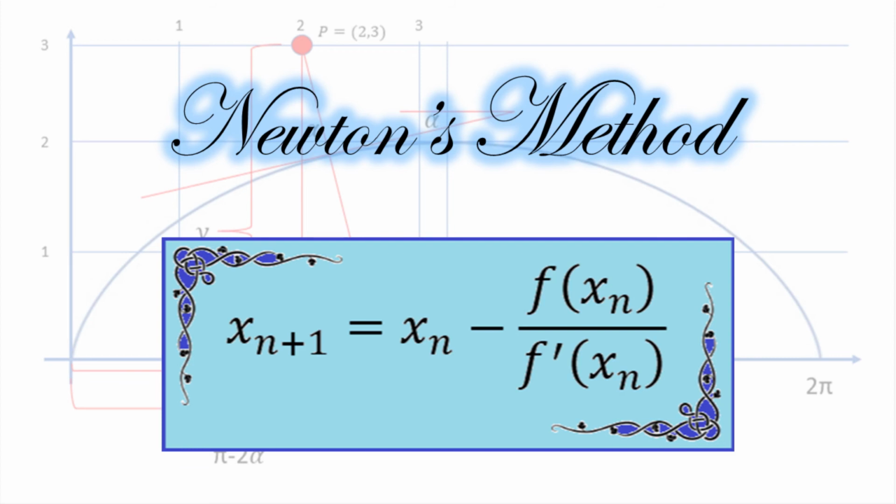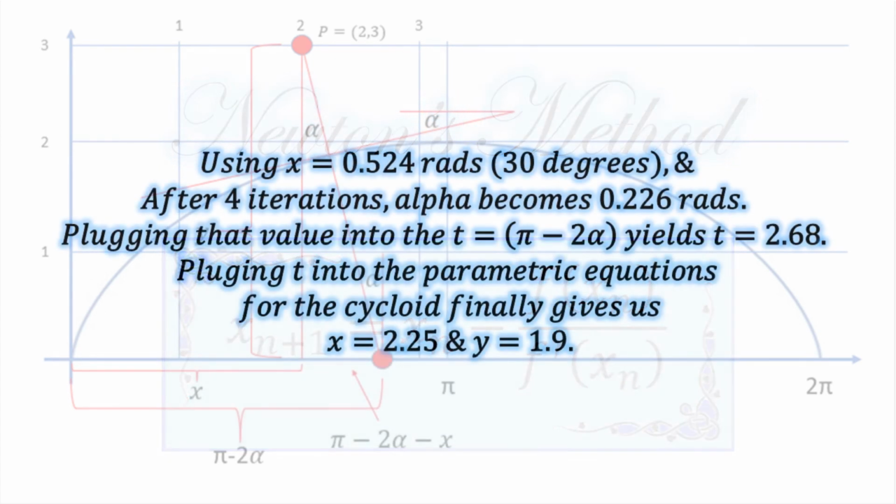And here are the numbers that I came up with. Using x, which was radians, 0.524 is what I started with. I approximated 30 degrees. Obviously, that's a lot slimmer than 30 degrees, but even way off, it worked really well. And after only 4 iterations, alpha became 0.226 radians. Now you need to plug those radians back into your t equals pi minus 2 alpha in order to recover t.